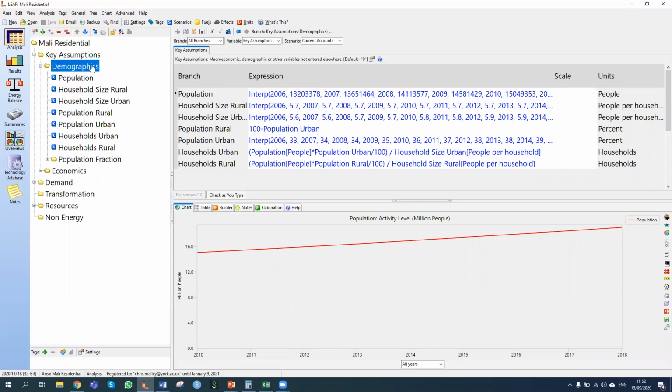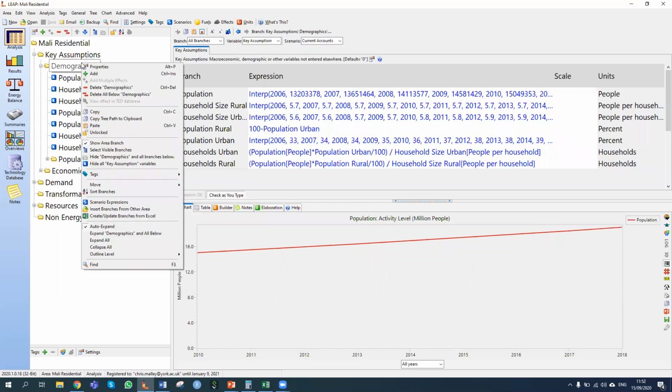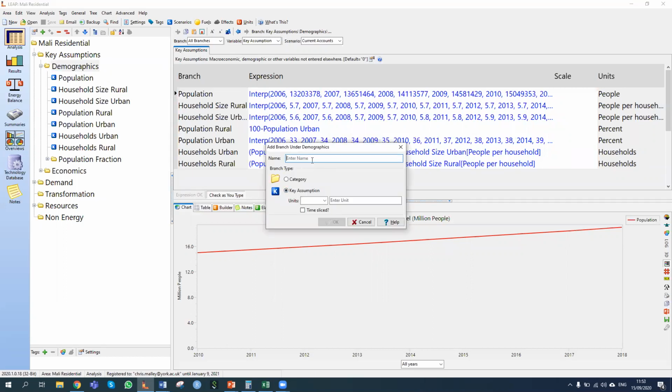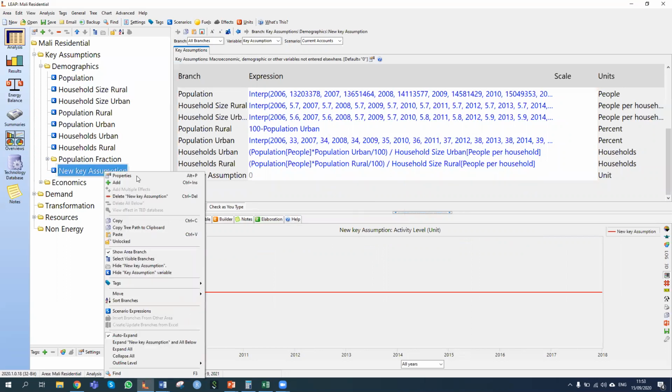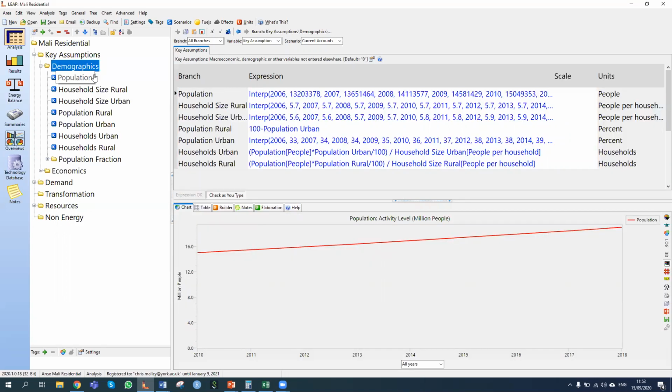So to create a key assumption, and a key assumption is simply a variable we want to use in our analysis, we simply right-click and click Add and create a new key assumption. And then enter the unit. And that gives us a new variable. So we have added variables here for population, for the household size in rural and urban areas, for the population of rural and urban areas, and the number of households in urban and rural areas.